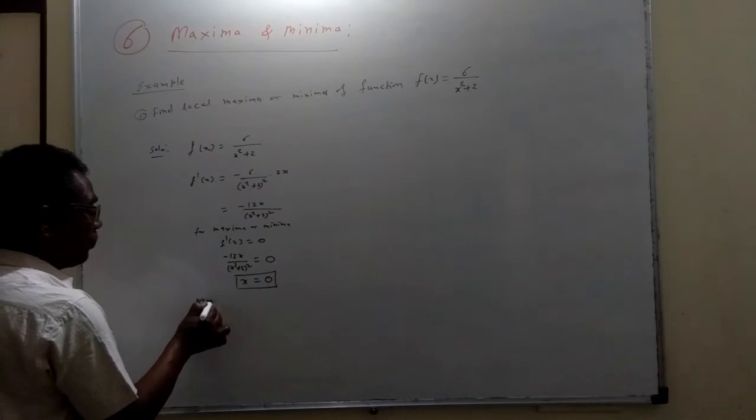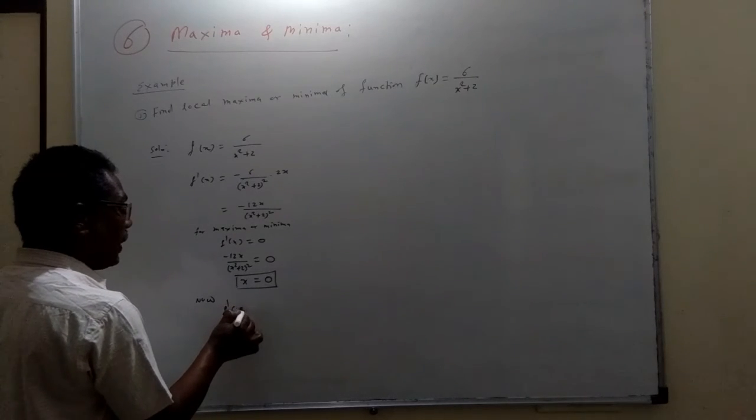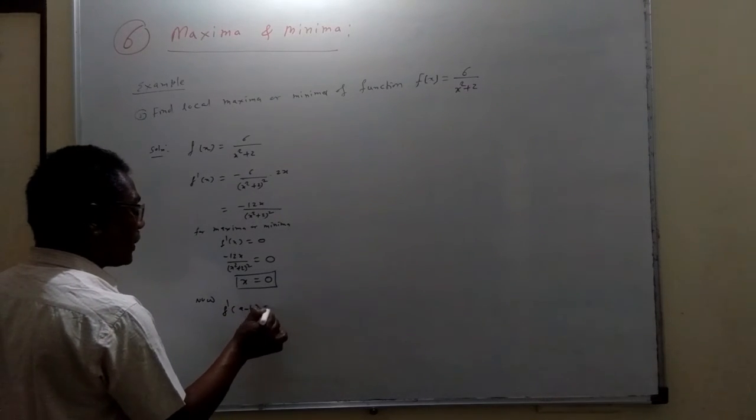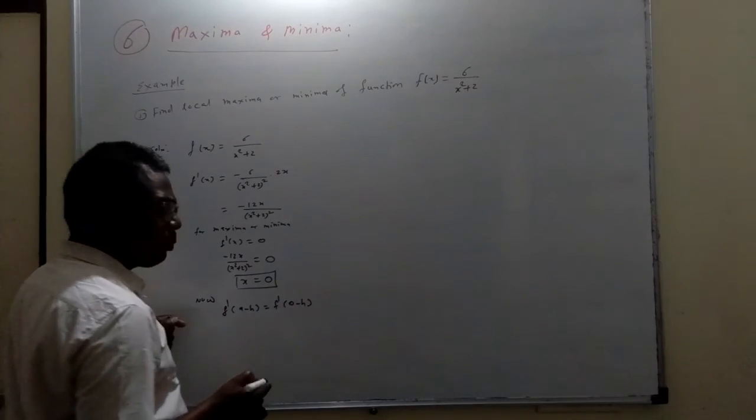Now we'll find f dash a minus h, means f dash 0 minus h. h is a positive number.